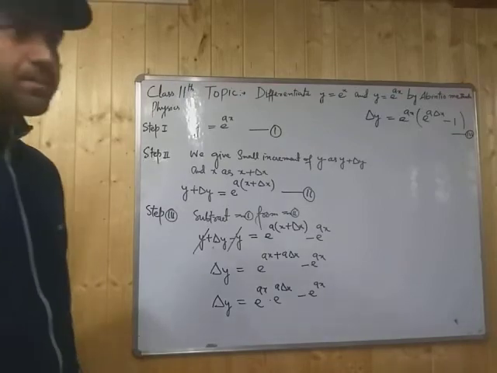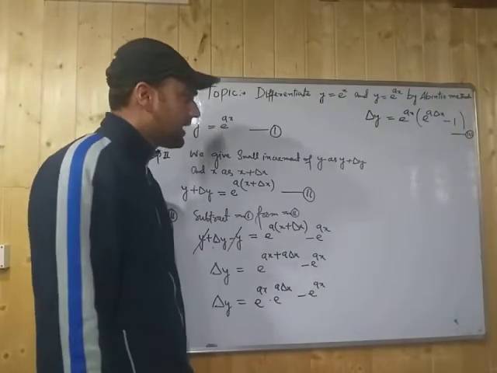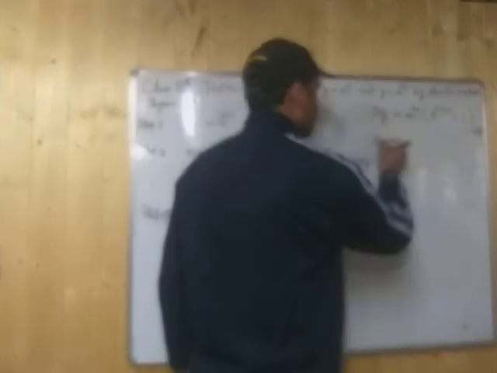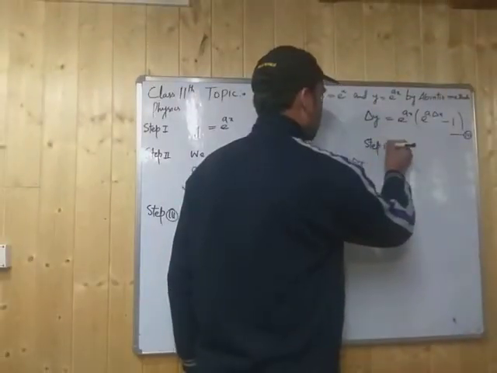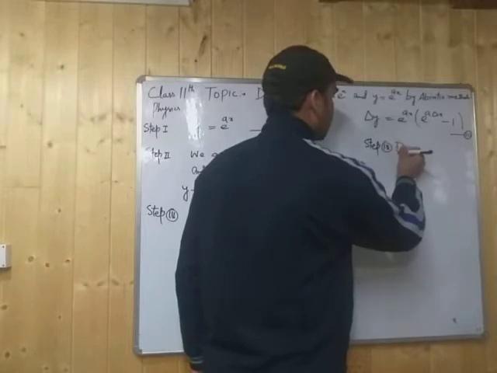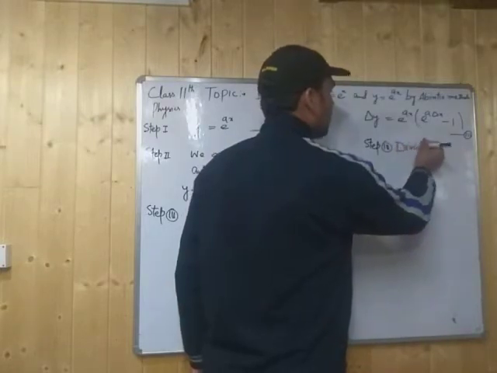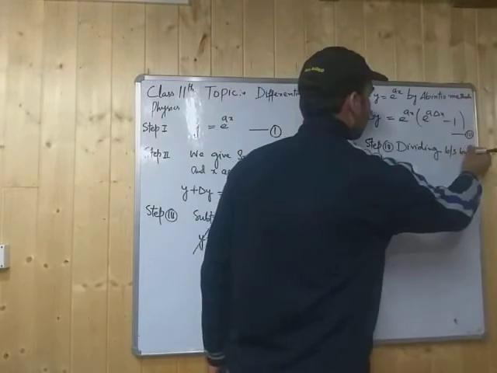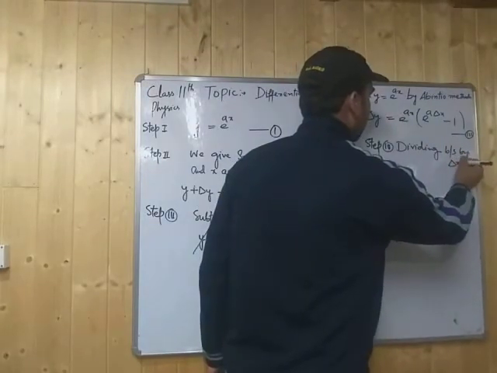Now the fourth step is dividing both sides by del of x. You divide both sides by del of x.